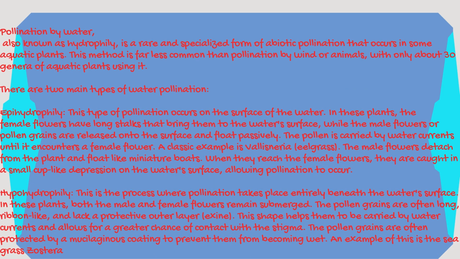Pollination by water, also known as hydrophily, is a rare and specialized form of abiotic pollination that occurs in some aquatic plants. This method is far less common than pollination by wind or animals, with only about 30 genera of aquatic plants using it. There are two main types of water pollination.